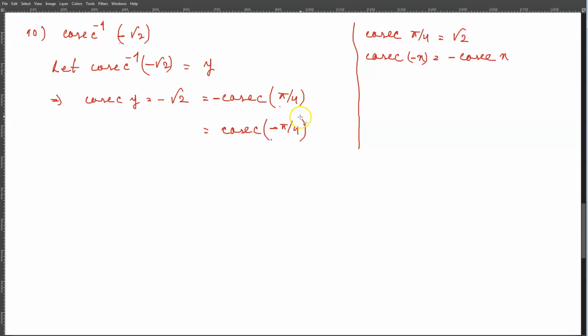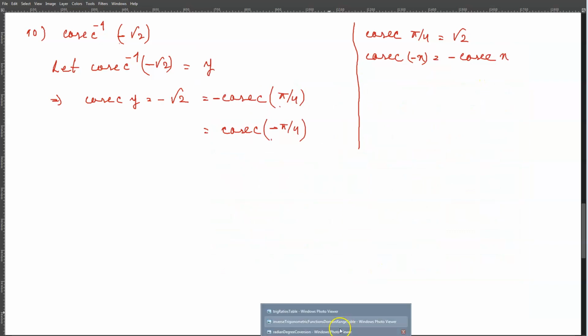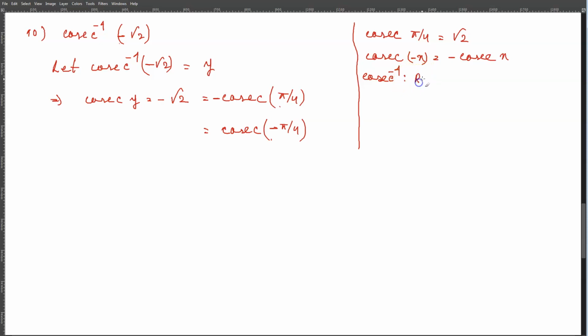Now, as far as the range and the domain are concerned, the cosecant inverse function goes from R minus the open interval of negative 1 comma 1 to the range negative pi by 2 to pi by 2, minus the set containing the element 0.